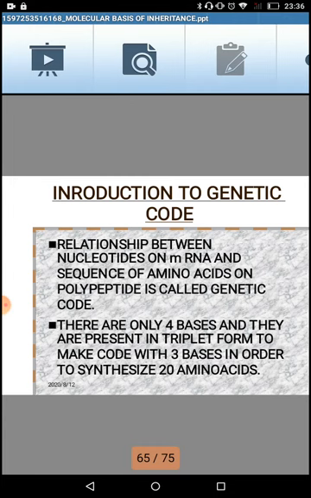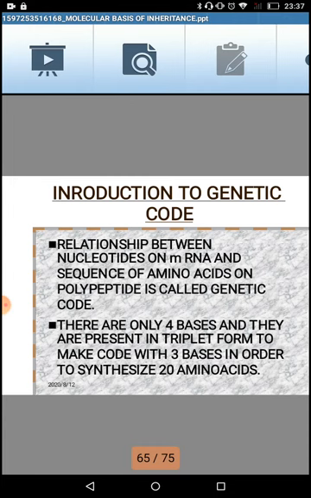Now what is a polypeptide chain? It is a polymer of amino acids. So amino acids will be linked together in a chain form, and this is called a polypeptide. So polypeptide chain formation depends upon the genetic code present on the messenger RNA, which is formed from the template strand of the DNA present inside the nucleus.